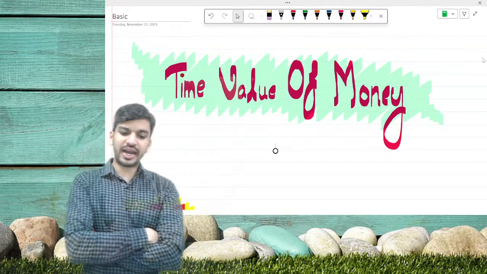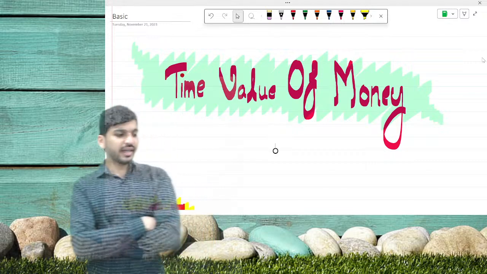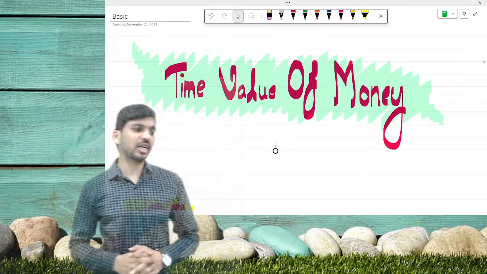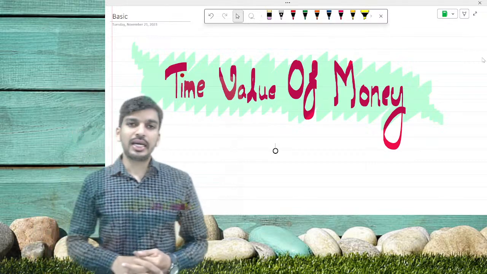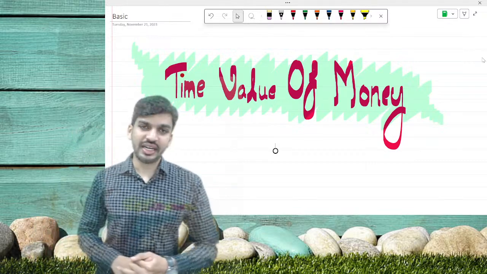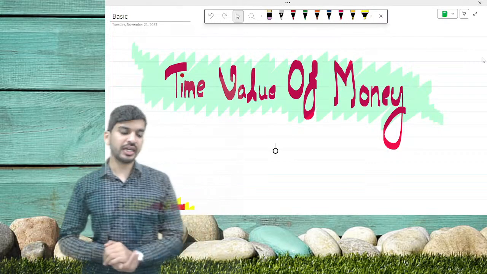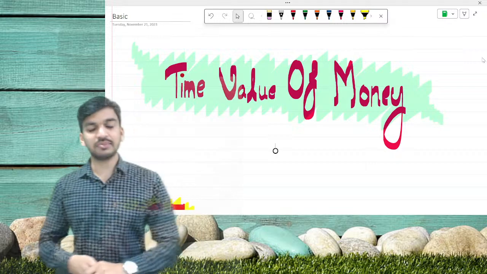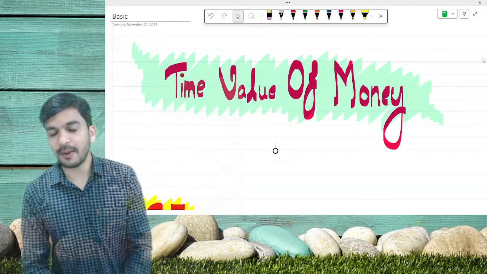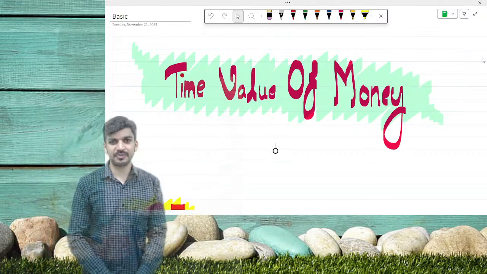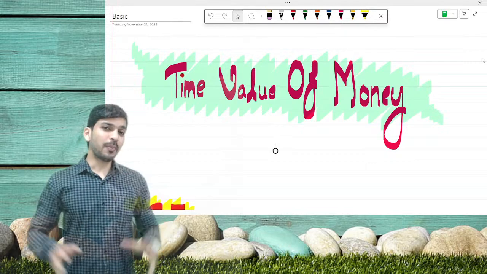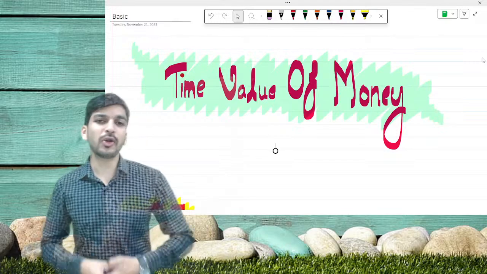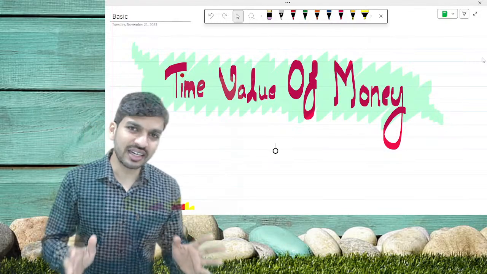Just 1 more minute. As I said, yesterday we completed the complete part of simple interest, and today we are going to focus on compound interest. Yesterday it was simple interest, today it is compound interest. And the best part about compound interest is that it can be done on your calculators.